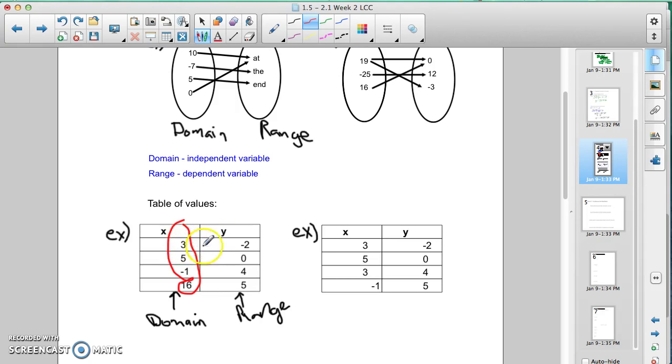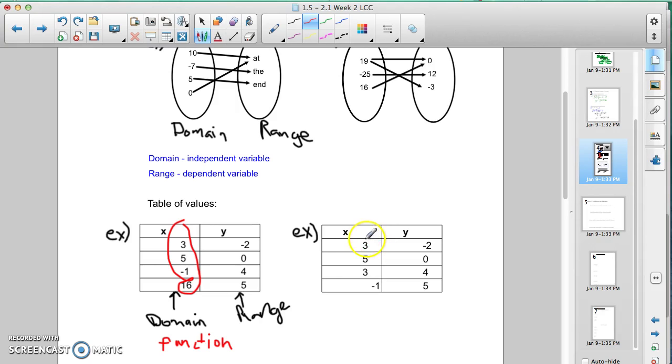So we look at this list and say 3 only goes to -2. 5 only goes to 0. -1 only maps to 4. 16 only maps to 5. So this is a function, because each value only has one answer.